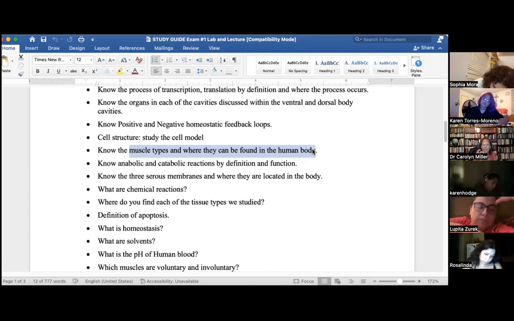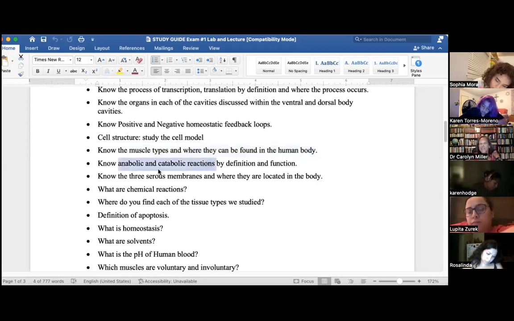Blood vessels have smooth muscle. So you have cardiac muscle in the heart, involuntary and striated. We have smooth muscle, which is not striated and is also involuntary. And then we have skeletal muscle, voluntary and striated. There'll be pictures of those on the exam, but I will show you that in a minute.